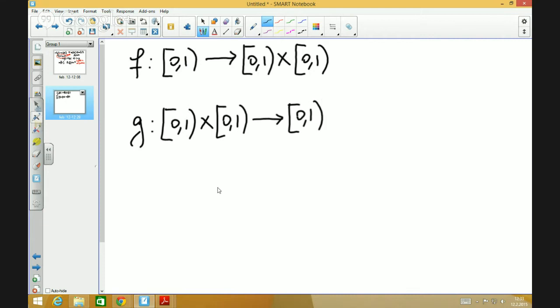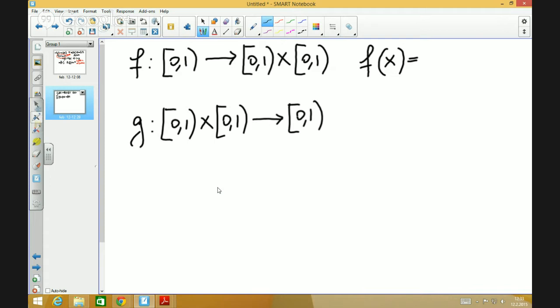Okay, give me an f. You want to take a point in the interval 0, 1, and you want to spit out somehow a univocally determined point, sort of pair of points. So what does f do to a point in the interval 0, 1?